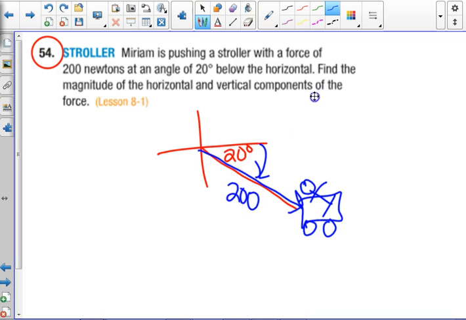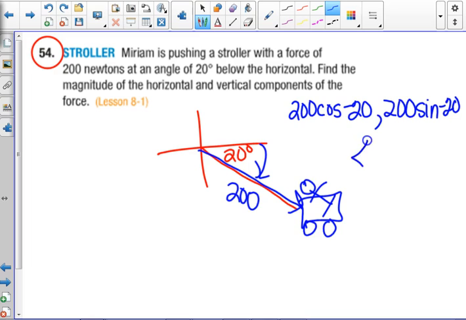What are we going to do? 200 cosine of negative 20, 200 sine of negative 20, because we should get a positive and a negative, right? Everybody good?